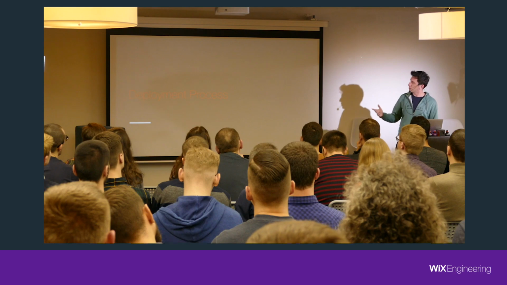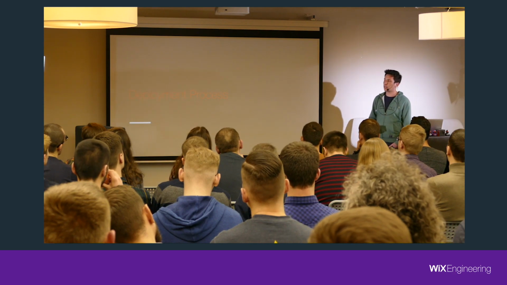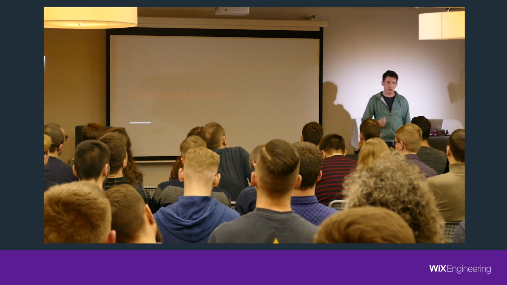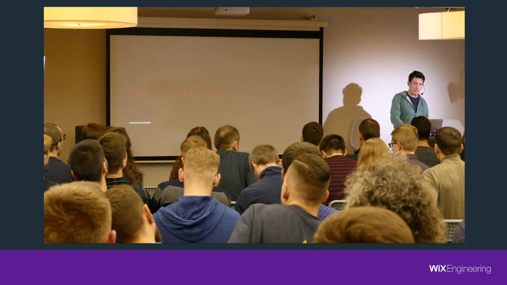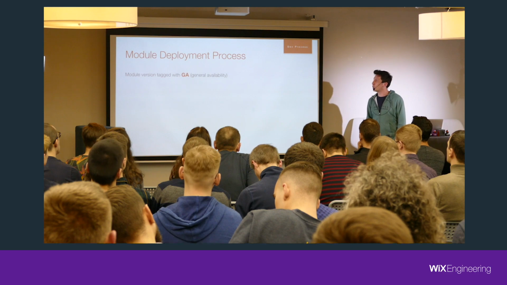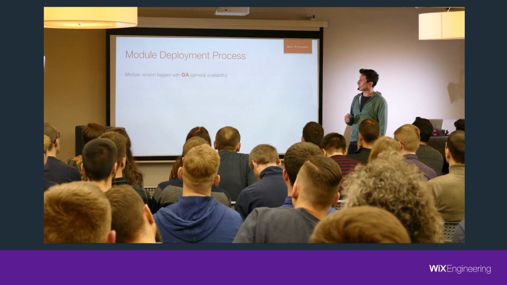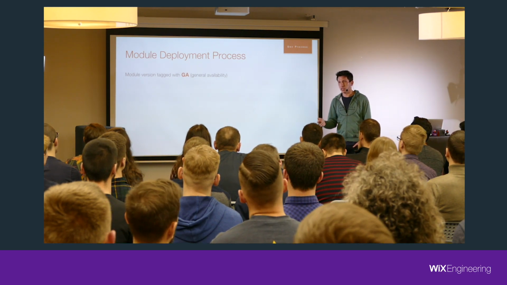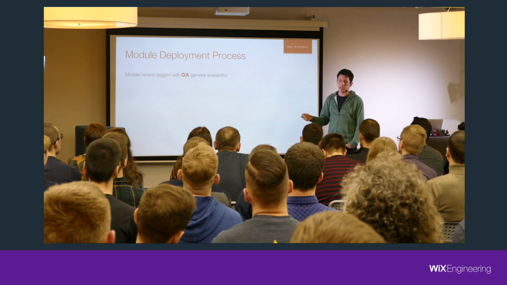Let's say our product said, okay, it's great, let's release it to our users. Let's see how we do this. All the developer needs to do is just tag his model, his best version, with GA, general availability.